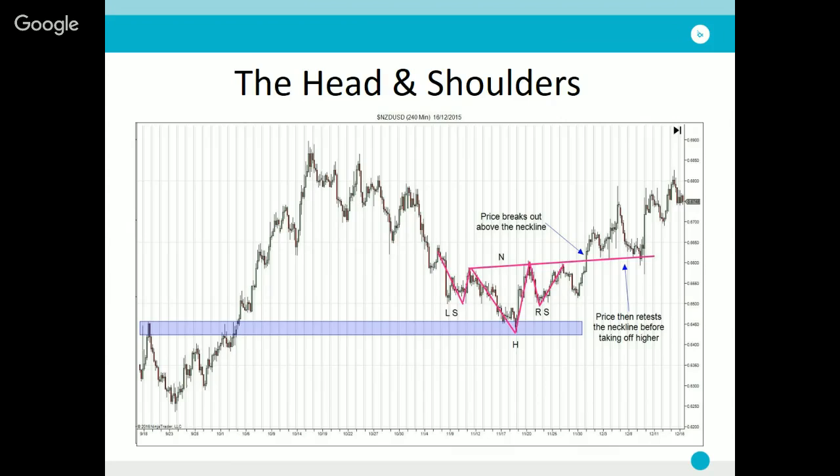Again, as with the breakout of the falling wedge, we need to really factor this situation into how we trade the pattern, because this dynamic of breaking out only to retest the trend line is a really common occurrence. And if you play the breakout, so if you buy the breakout of the neckline and you go to break even too early on the trade, you're really jeopardizing your chances of success, because you end up getting shaken out of a lot of winning trades.